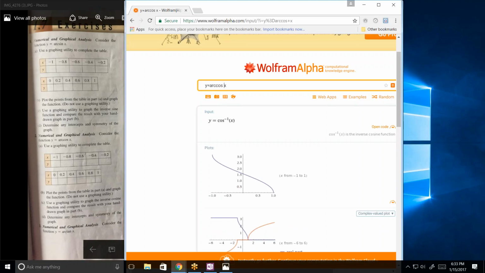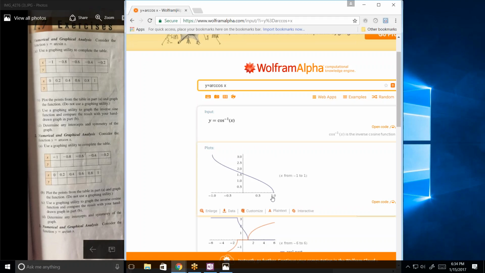Very interesting. Notice that the range of the domain restricted inverse cosine goes from 0 to pi, right? In other words, this point right there on the y-axis is pi, 3.14.